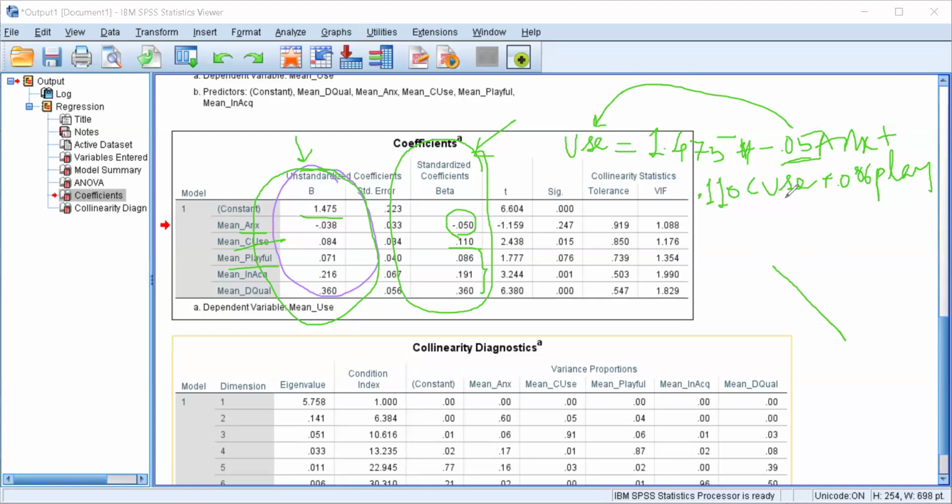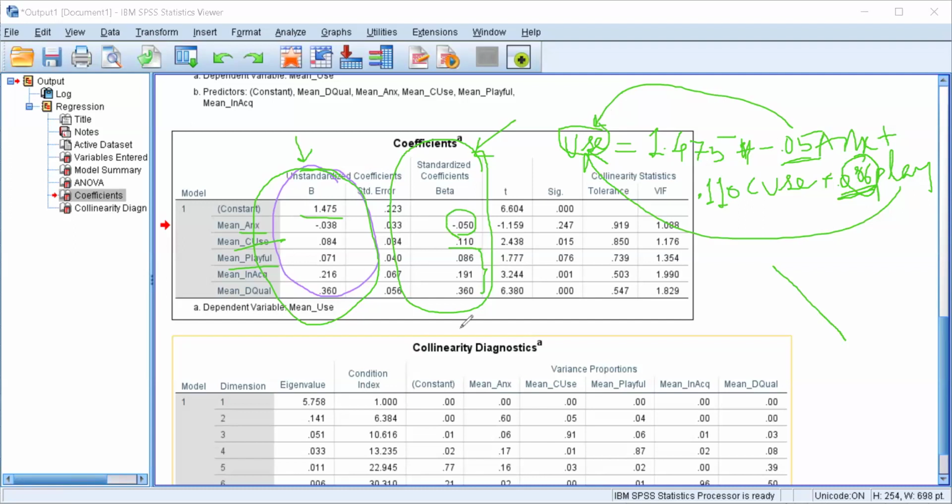Now how do we interpret it? The playfulness of a certain software influences its usage by 8.6% positively. So if a software is very entertaining and playful, its use increases by 8%. So people increase their use by 8%.